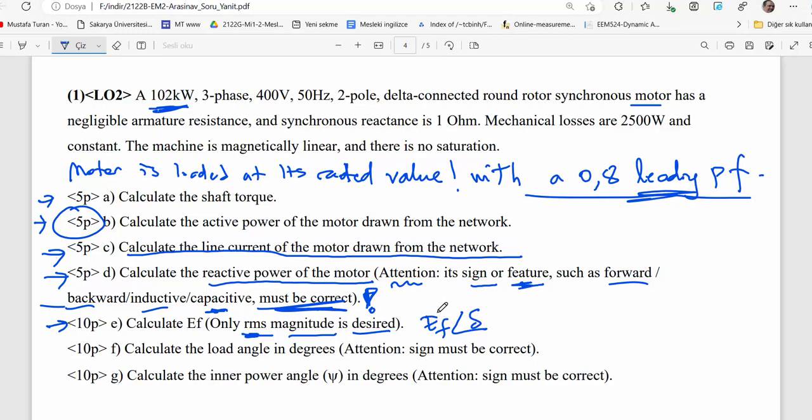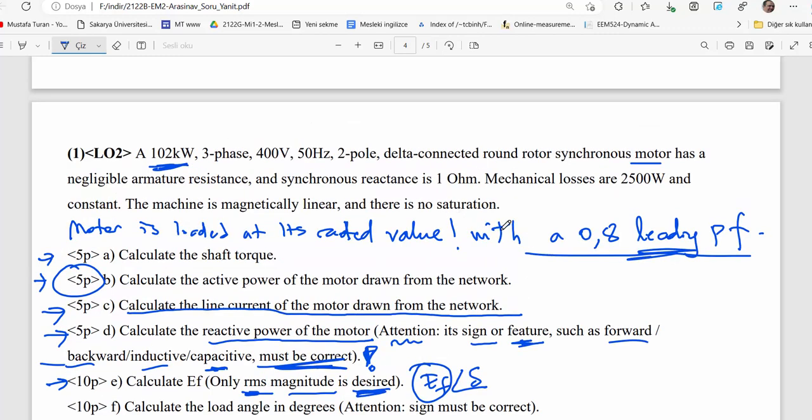But here only the RMS value, the magnitude, is desired. Okay. The first method you should try is using Kirchhoff's voltage law around the equivalent circuit. The machine is operating as a motor.